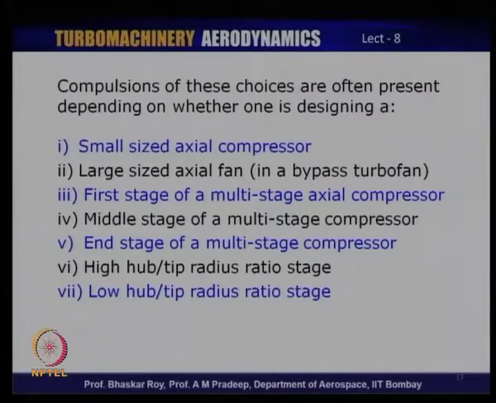combinations compared to that of, let us say, a middle stage of a multi-stage or that of an end stage of a multi-stage compressor. And then again, all of them put together, we can say that the particular blade would be either a high hub to tip ratio or a low hub to tip ratio stage.